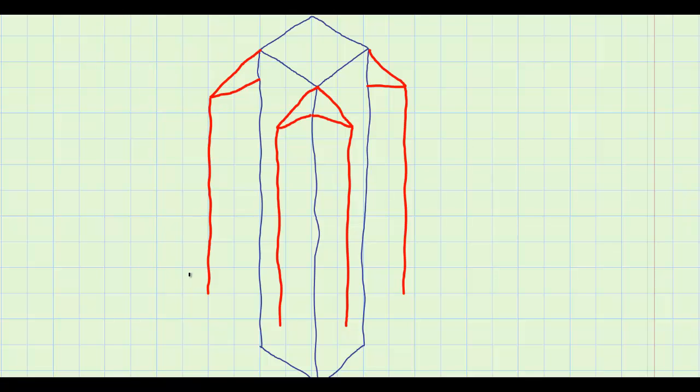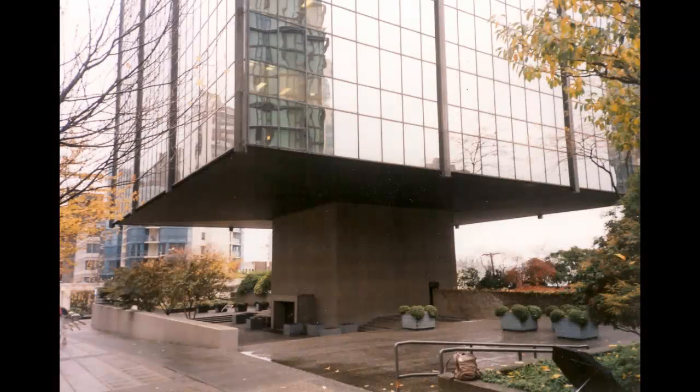The floors are built at the ground level, then lifted up along the concrete core and attached to the cable when in the proper position. Looking from the outside, you can't tell that this is a suspended building, but it is odd that there's no column at the base.